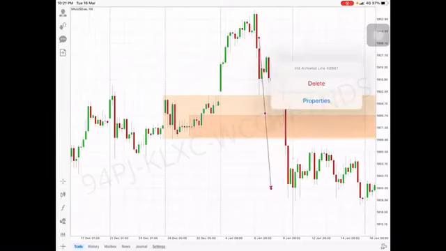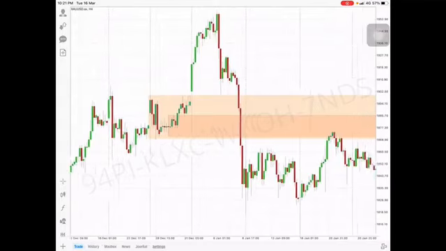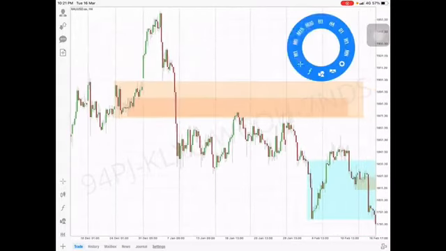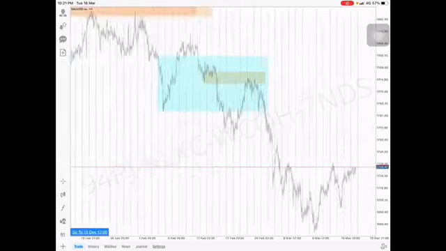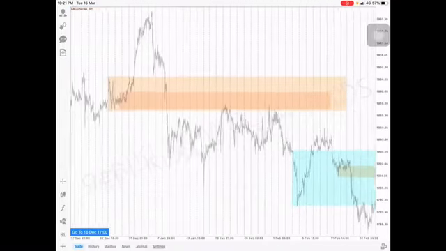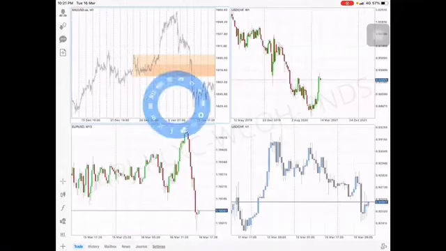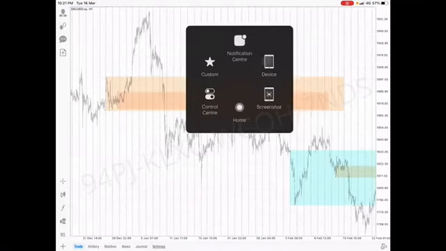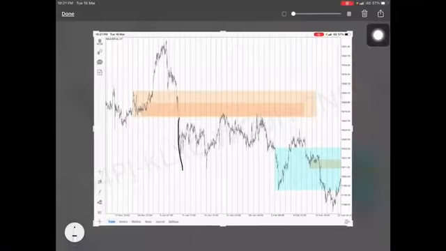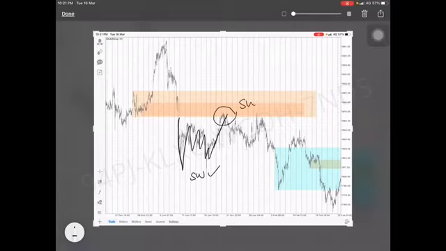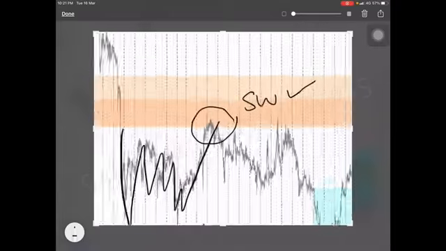Okay, so now we are gonna go to H1 to look for confirmation. Before that, is there a sideways pullback? Yes. Is there a sideways inside of the zone? Is this a sideways or not?